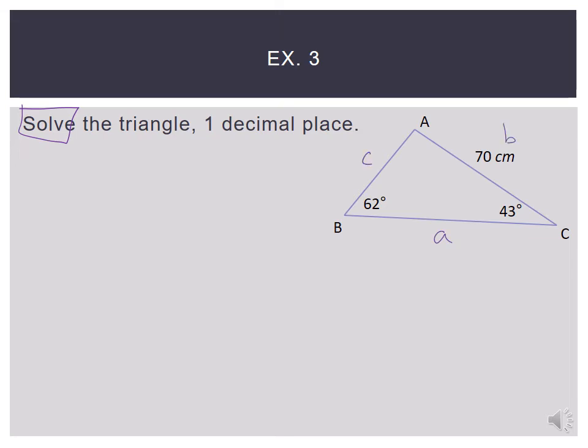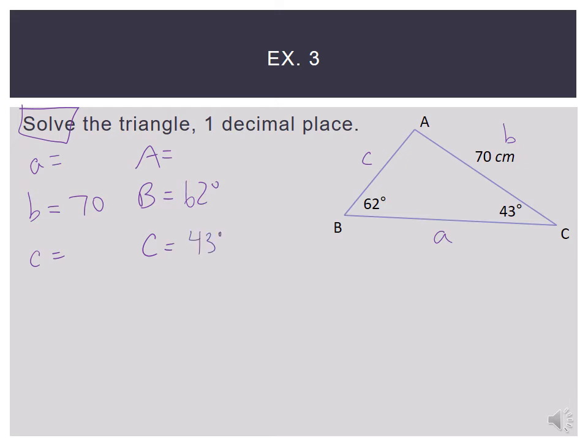Remember, they always go across from the capitals. Make your chart. Fill in your information. I don't know A. I know B is 70. I don't know C. I don't know capital A. I know capital B. And I know capital C.